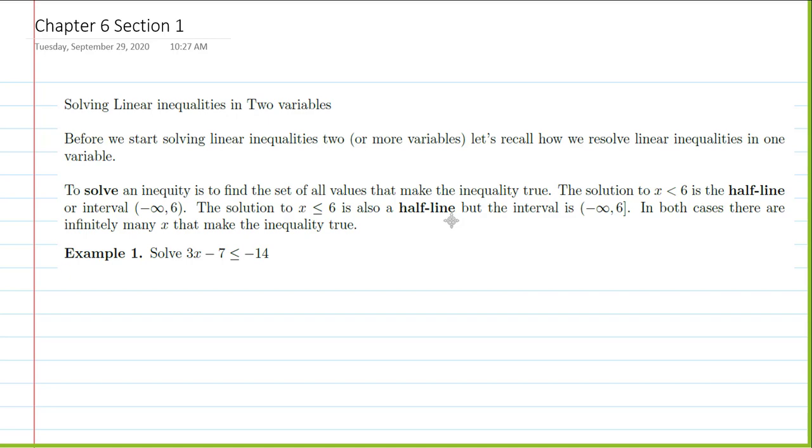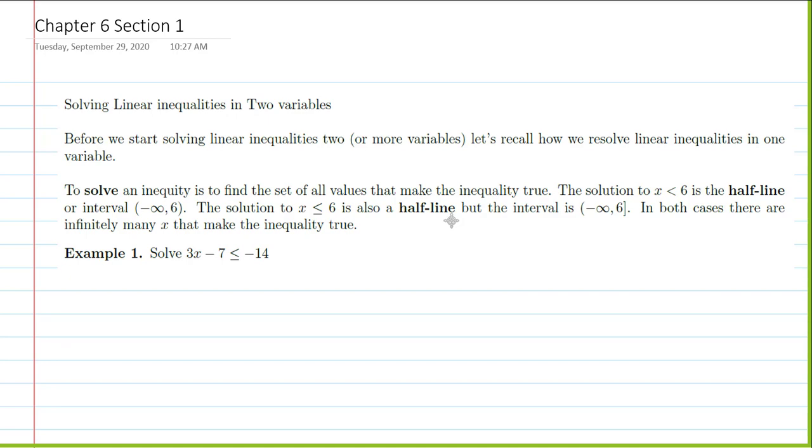So let's just take a second and remind ourselves a little bit about one variable inequalities as we get started. To solve an inequality is to find the set of all values that make the inequality true.